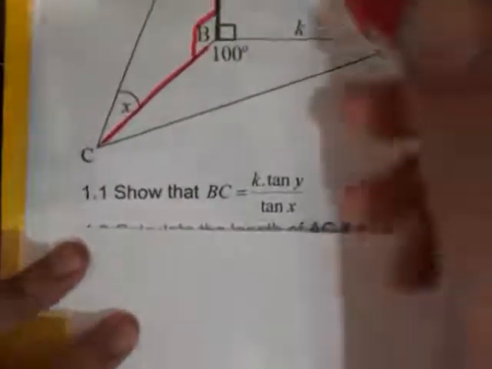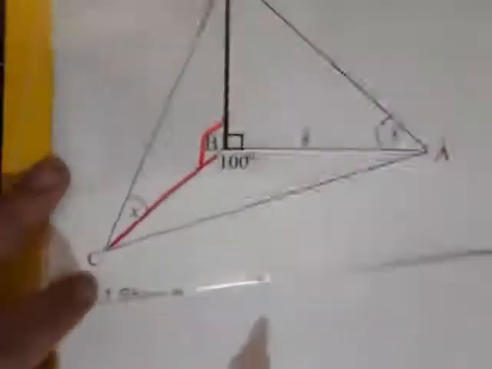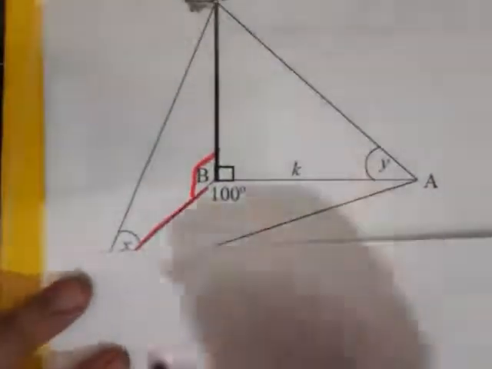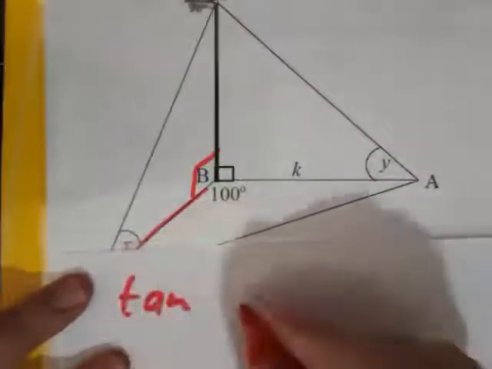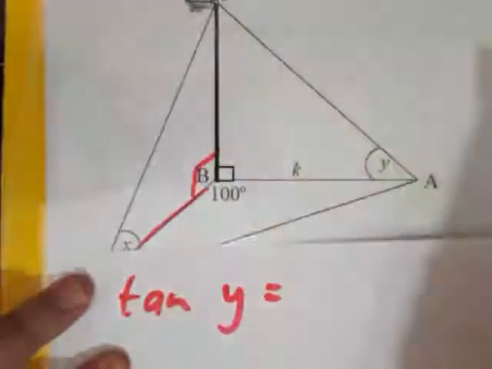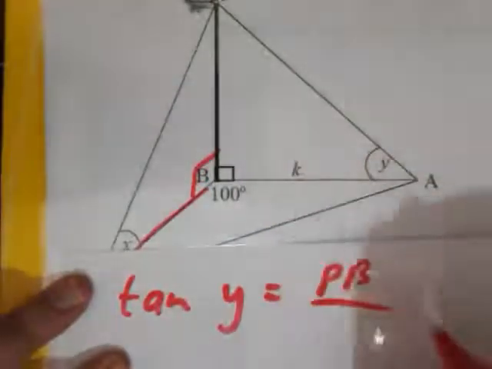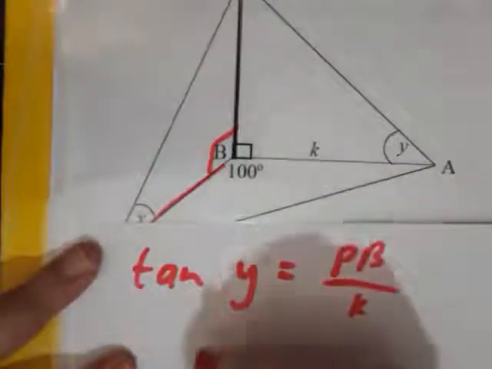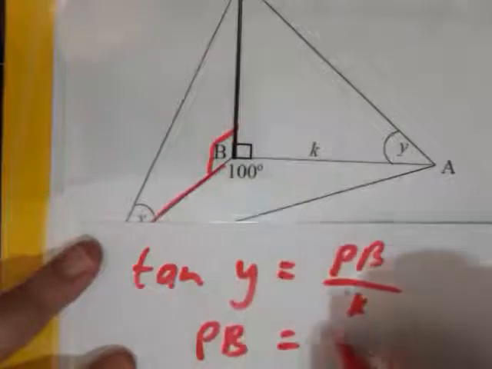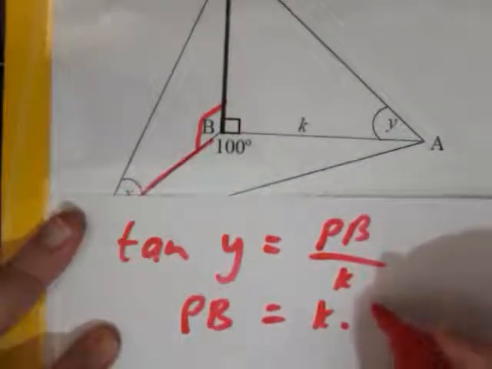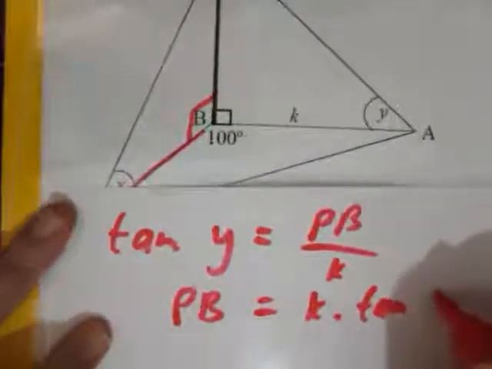So let's start in this triangle PBA. And we can say tan of y is equal to PB over K. So we can write PB is equal to K times tan of y.